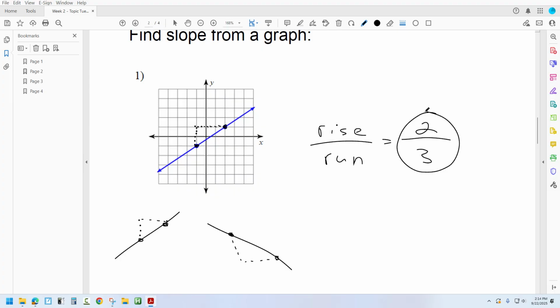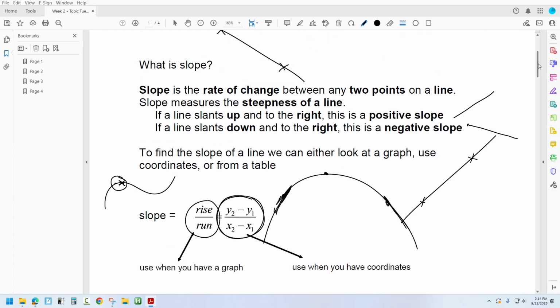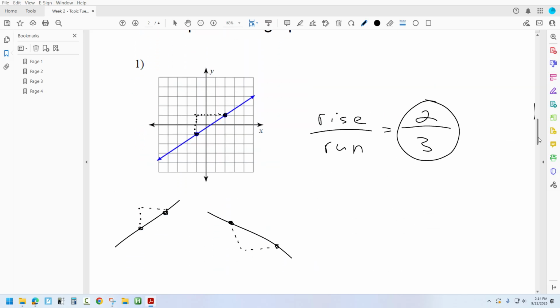Positive, right? So that's what we just said right here. When it goes up and to the right, that's a positive slope. Okay. Any question on finding the slope from a graph?